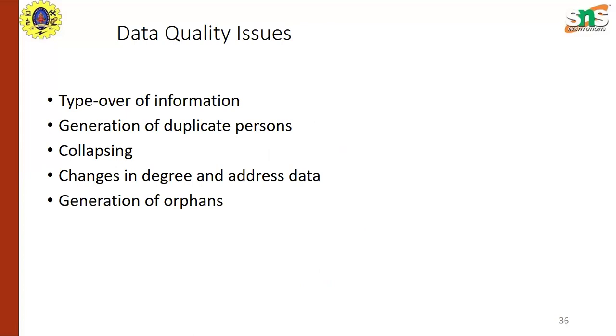And the data quality issues that may arise are type over of information, generation of duplicate persons. If one person is already entered and that person is unknowingly entered a second time, the generation of duplicates may increase. Collapsing is combining the different frequency ranges. It will be divided into different frames and it will get collapsed. Then changes in degree and address data will also generate orphans.